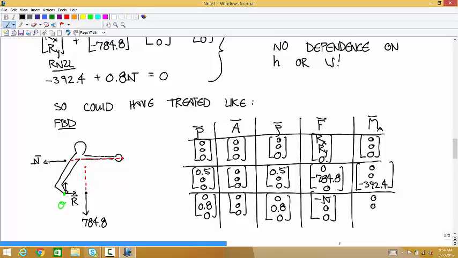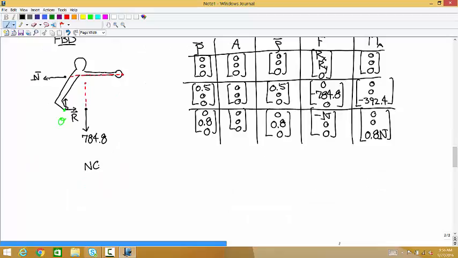Cross product says 0, 0, 0.8 N. And Newton's laws are exactly the same. Any other questions about that?